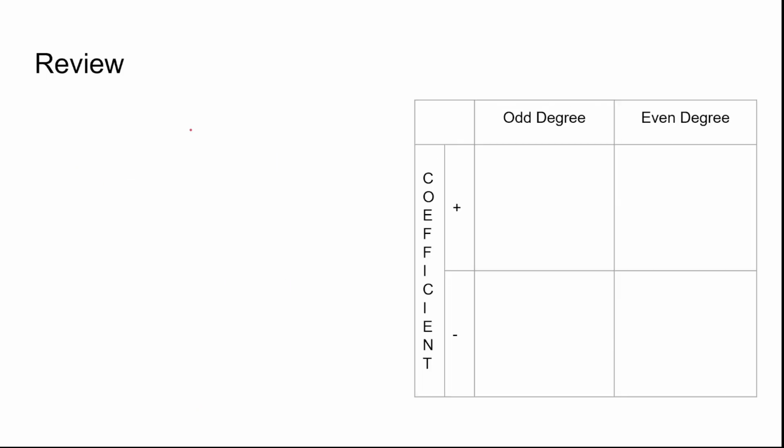So we'll recreate this table. If we have an odd degree polynomial, like y equals something x cubed, x fifth, x to the seventh, they all work just as well. Let's say we have a positive coefficient, like a 2. As x goes to infinity, x cubed also gets very large, so y goes to infinity.